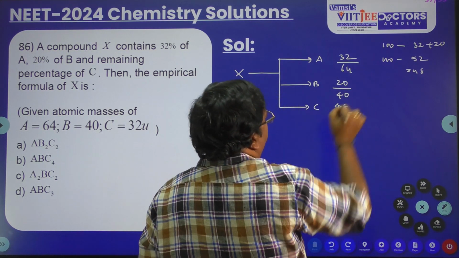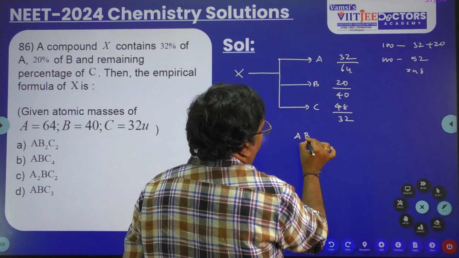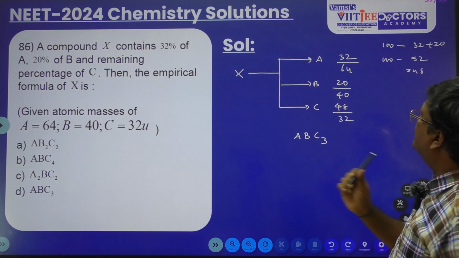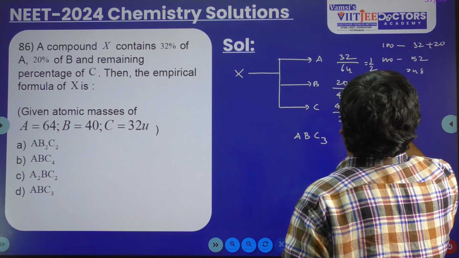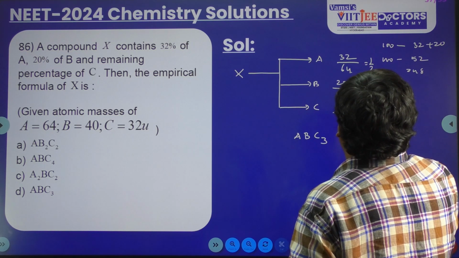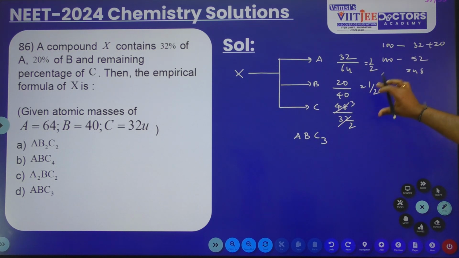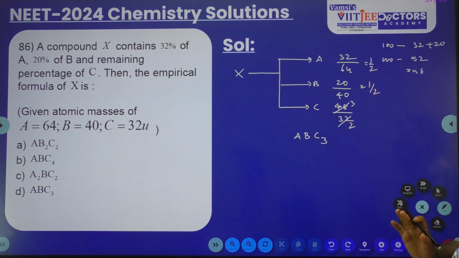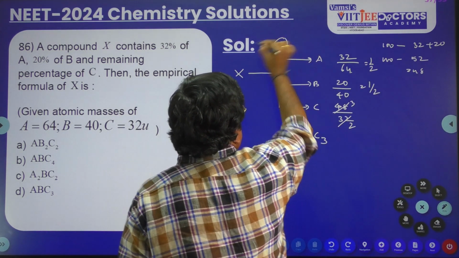So if you simplify this, you can get A, B, C 3, because here 1 by 2, here also 1 by 2, here 3 by 2. So if you take the simplest ratio among this, finally you can get A, B, C 3. So here option is D.